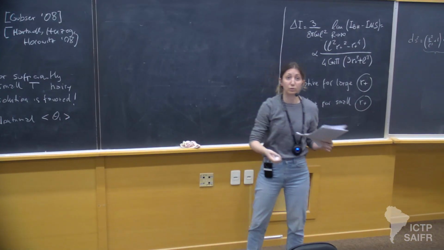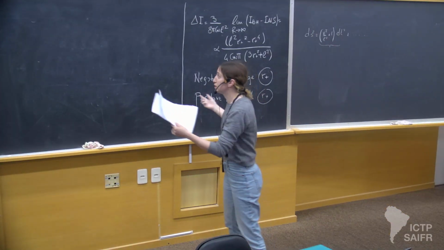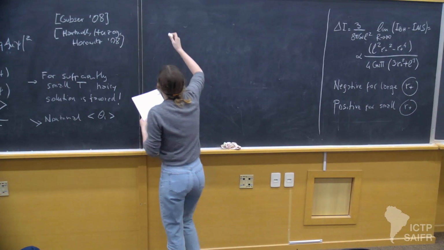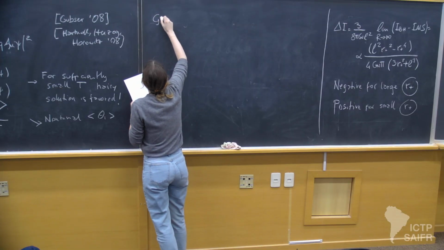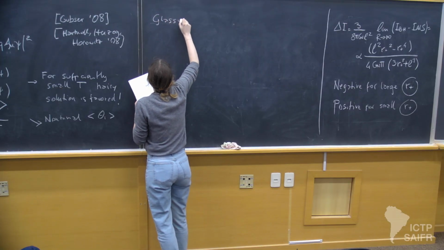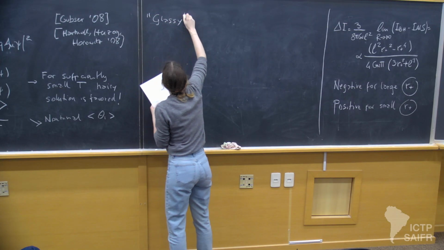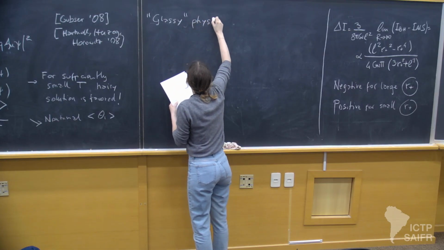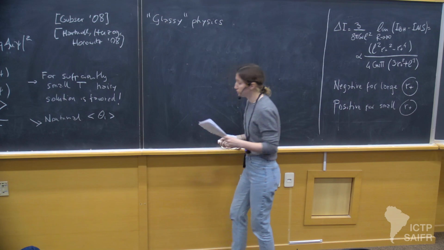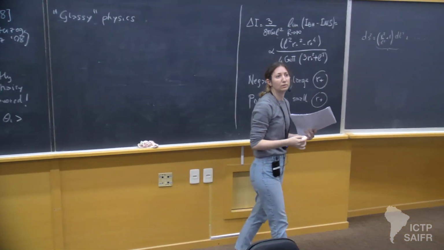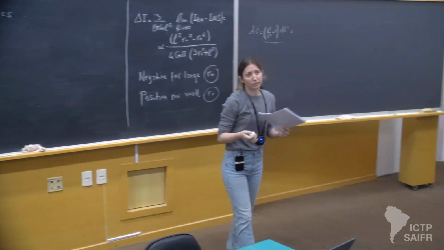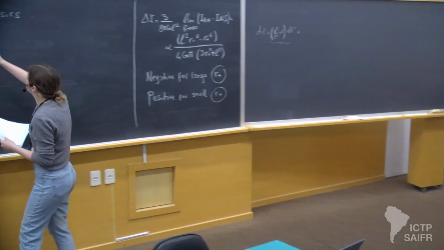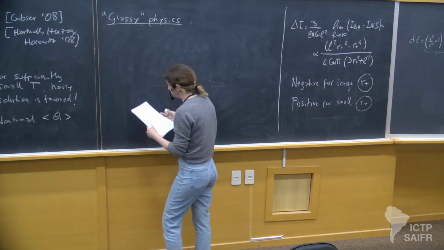I'm not going into full details as I did for the Hawking-Page or for the Reissner-Nordström solution. The other, let's say, phase transition, but it's not quite a phase transition, is a holographic system that exhibits some glassy physics. So just to give you an idea of how many systems you can actually model via black holes, via holography. So the last one that I'm talking about is a glassy system.